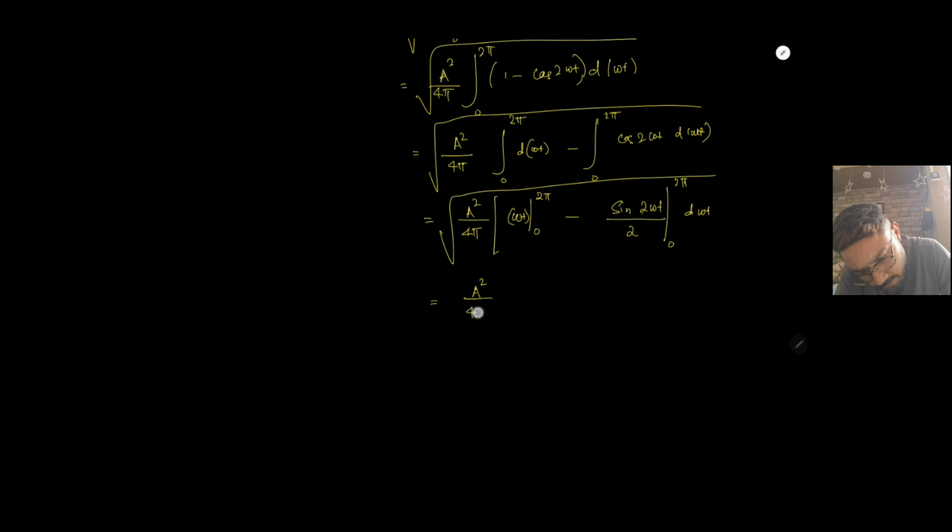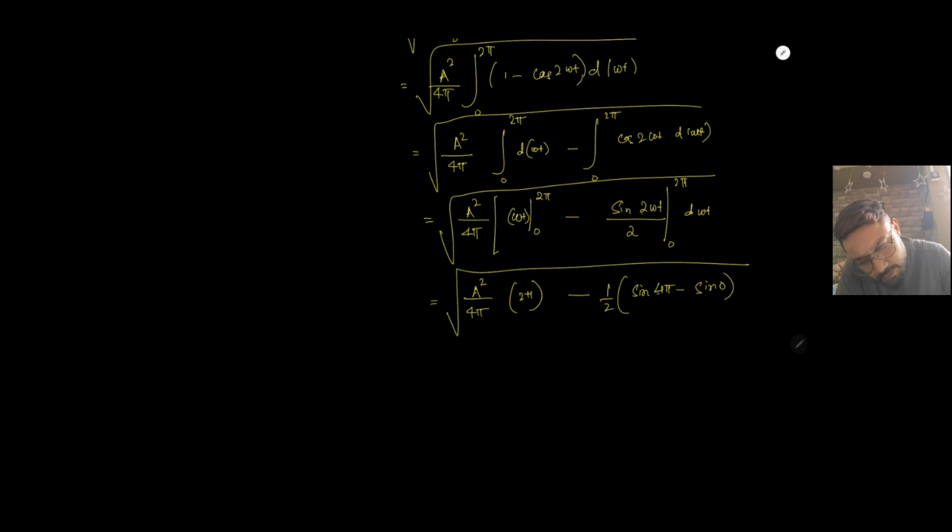So A squared by 4 pi, it will be twice pi minus half, sine of 4 pi minus sine of 0. So sine of 4 pi is 0, sine of 0 is 0. So this term is basically 0. So we'll only have this term. So pi cancels, 2 cancels.